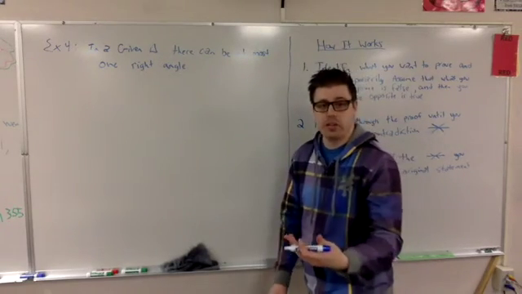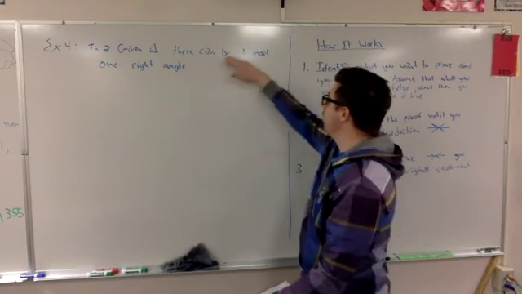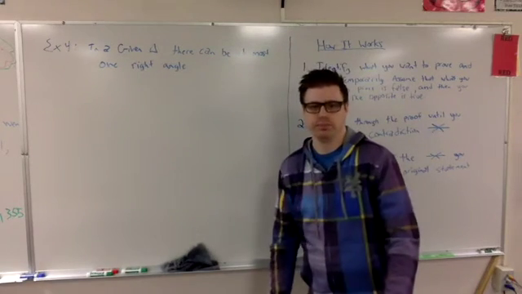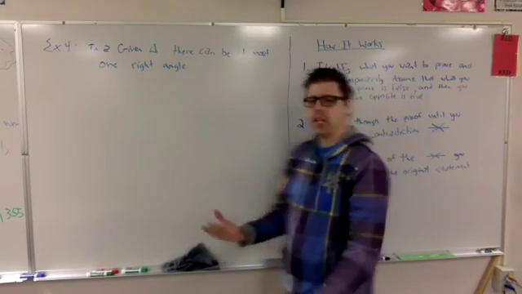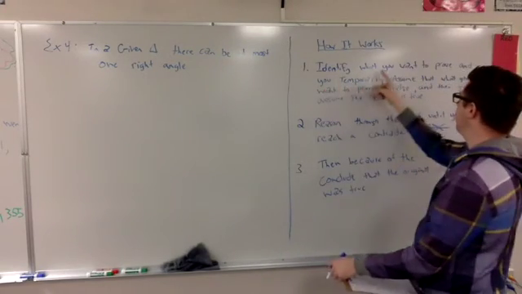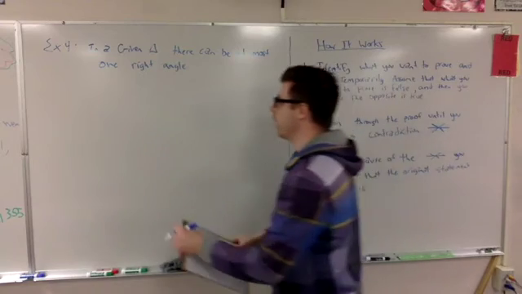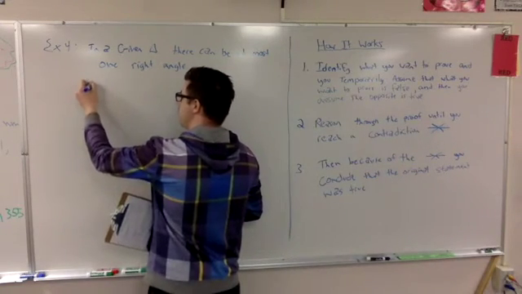So this is the situation. In a given triangle, there can be at most one right angle. Well, we want to prove if this is true or not. So we have to identify what we want to prove. Okay, well, there's the given.